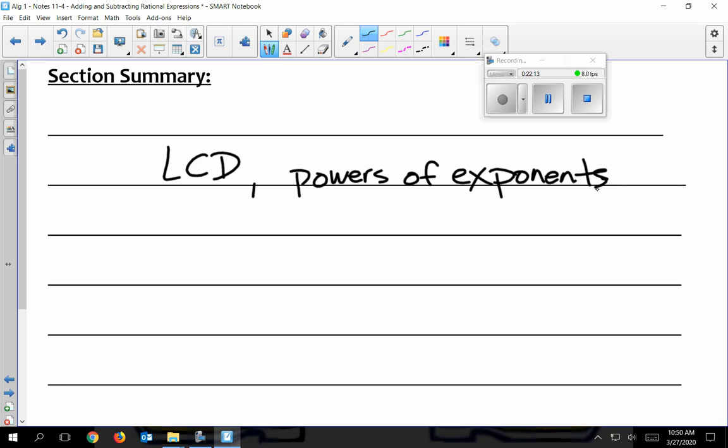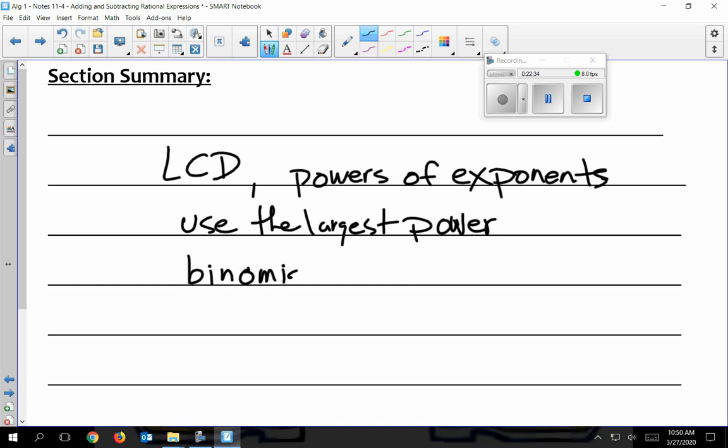We always want to use the largest power. We were working with binomials in the denominator today. With binomials, just push them together.